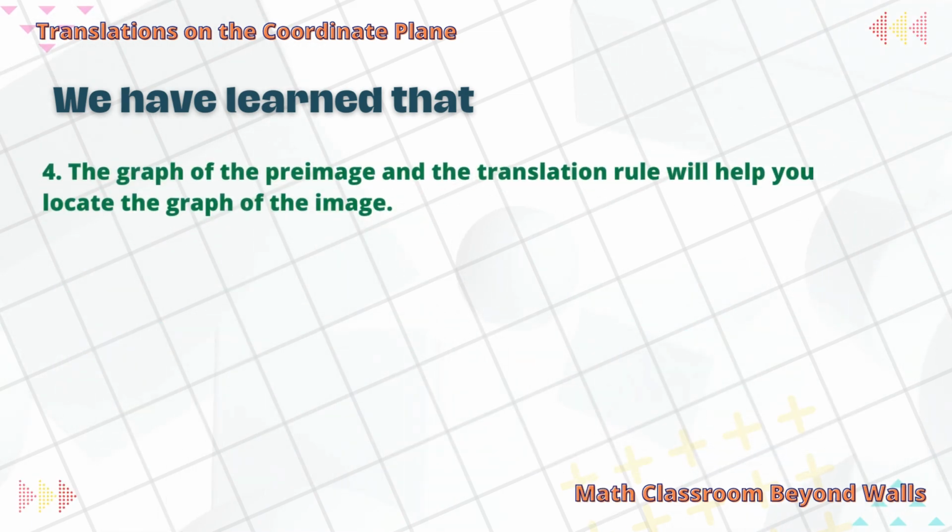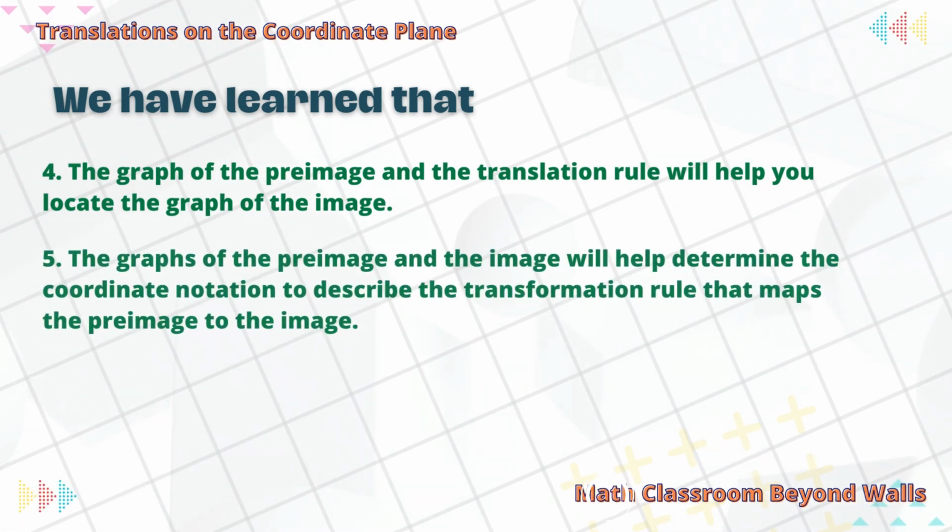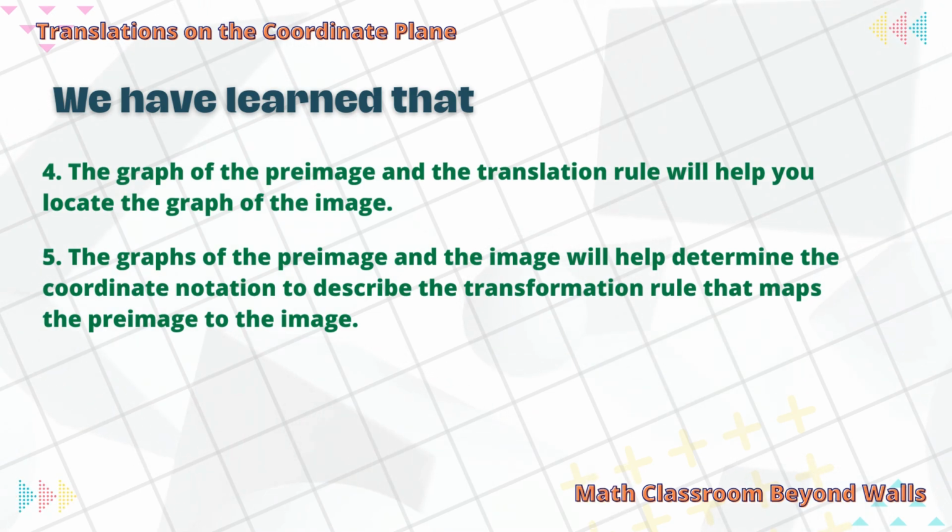Fourth, the graph of the preimage and the translation rule will help you locate the graph of the image. Fifth, the graphs of the preimage and the image will help determine the coordinate notation to describe the transformation rule that maps the preimage to the image.